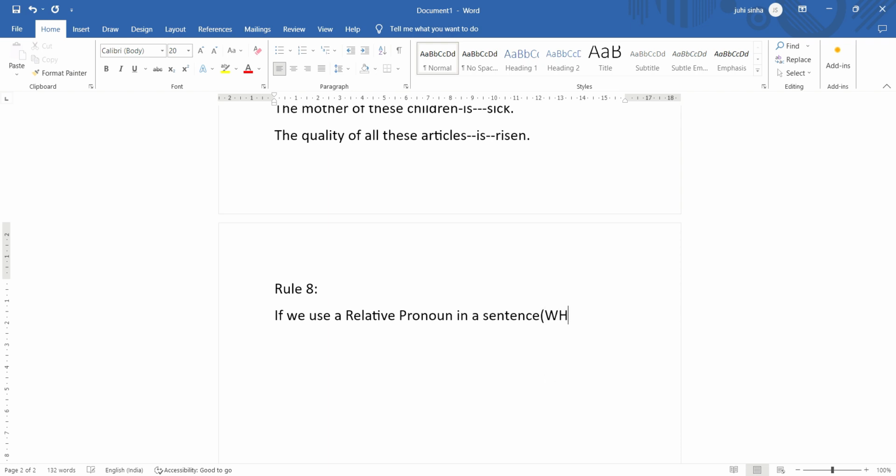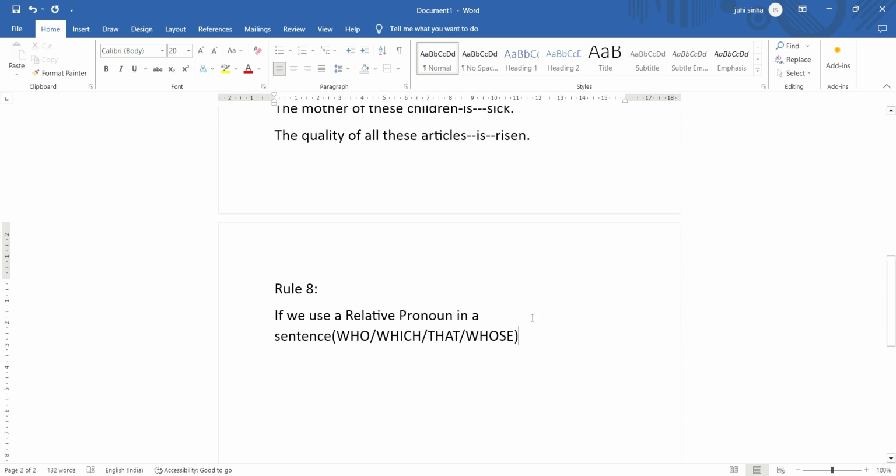Relative pronouns are who, which, that, whose. So what is the work of a relative pronoun? It basically acts like a conjunction. We'll deal with relative pronouns in another class, but right now the topic is subject verb agreement.